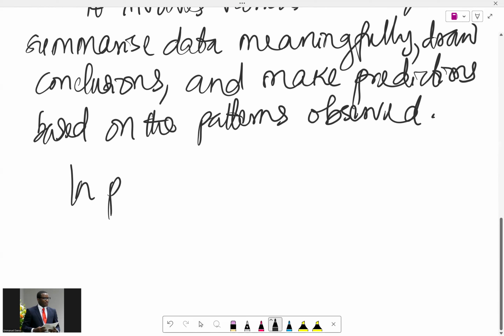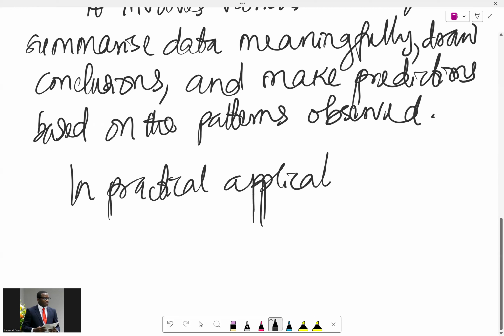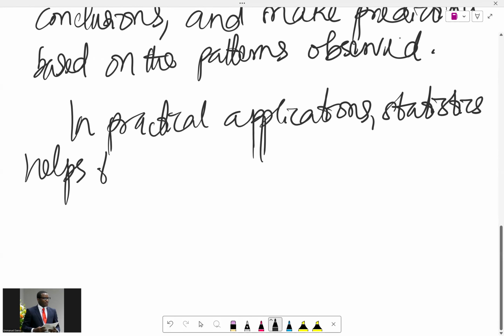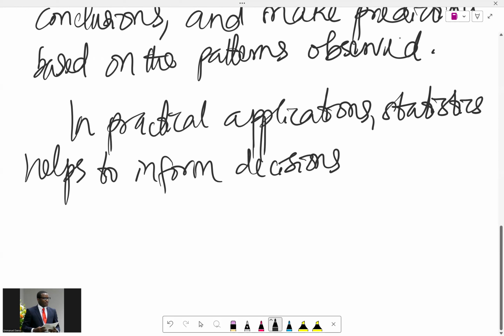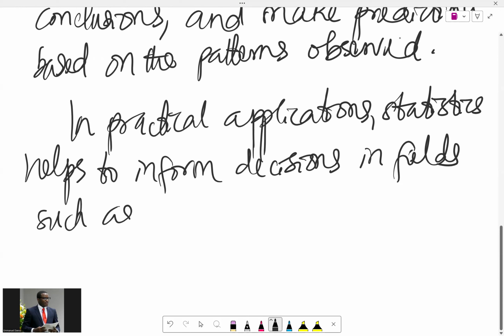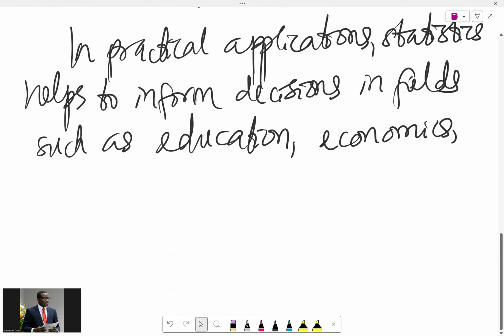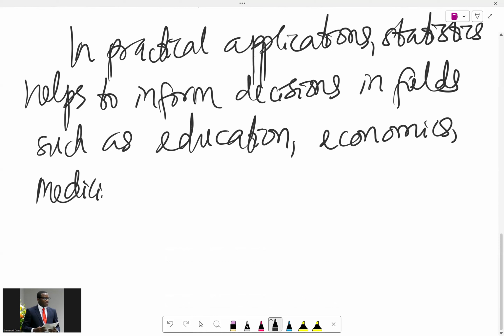So in practical applications, statistics helps to inform decisions in fields such as education, economics, medicine, social sciences, and engineering.